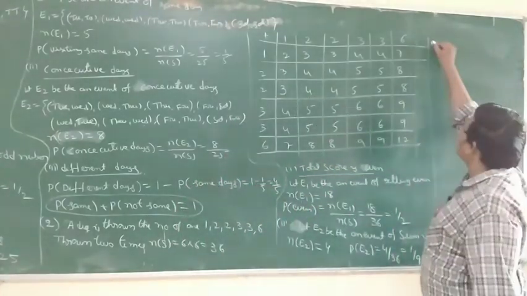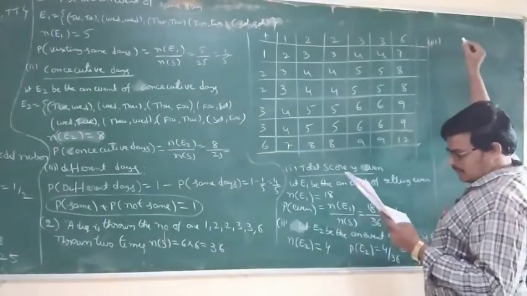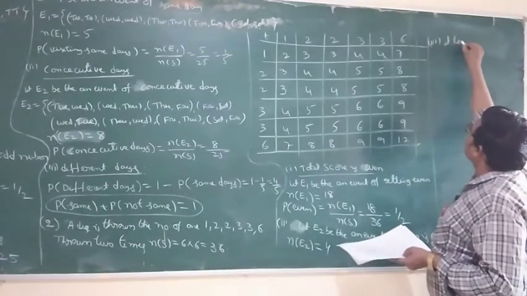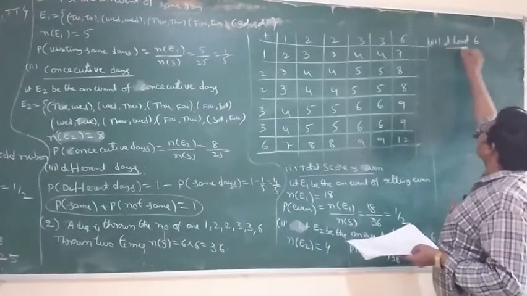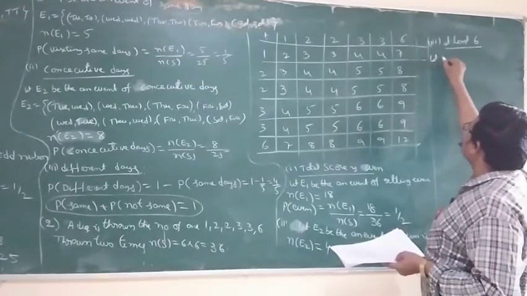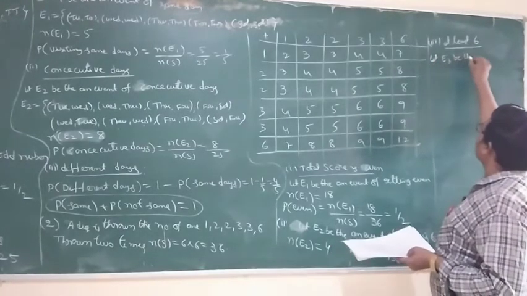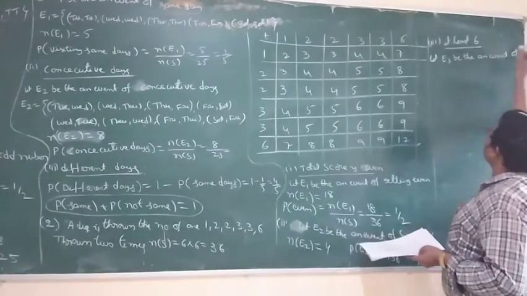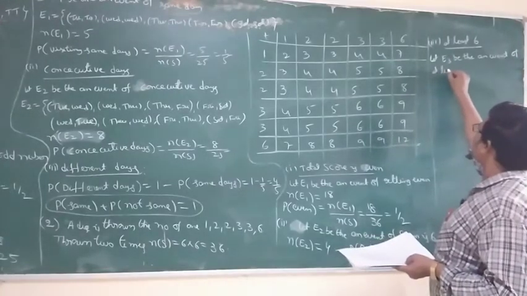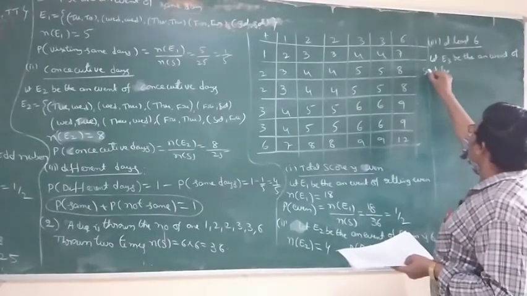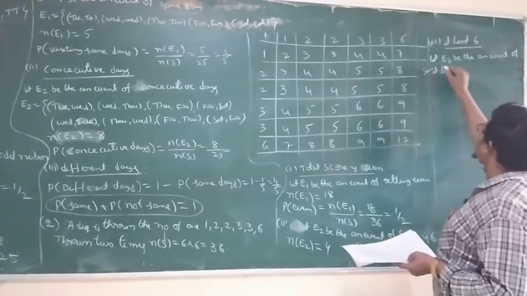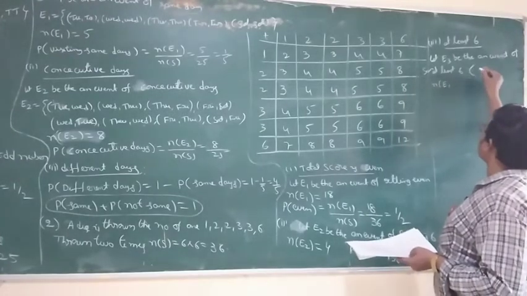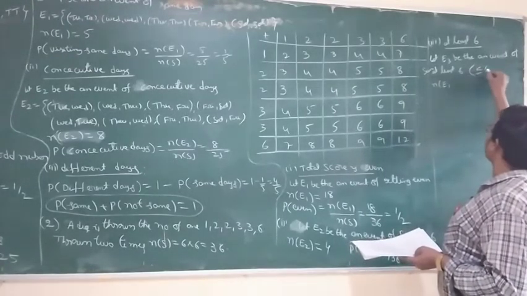Next, third one, at least 6. Let E3 be the event that the sum is at least 6.